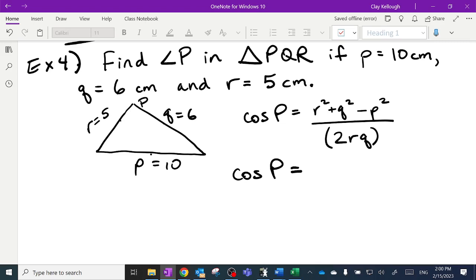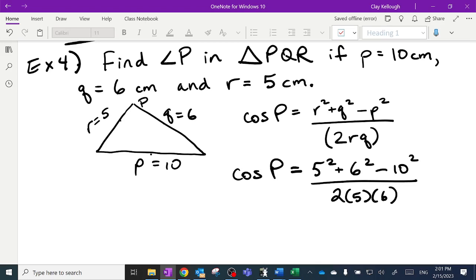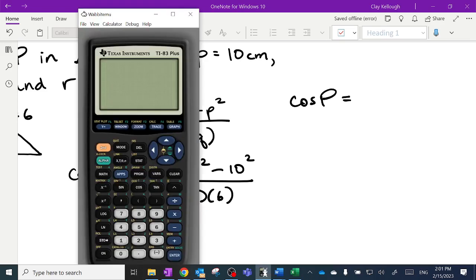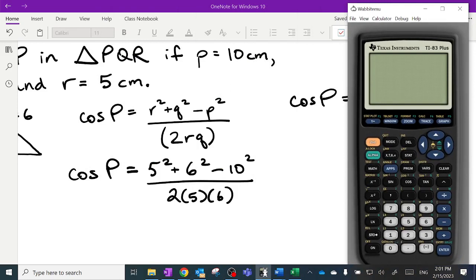Cosine of angle P is 5 squared plus 6 squared minus 10 squared all over 2 times 5 times 6. And cosine of angle P is, let me move that over, turn it on. I don't know why it turns off on me every time I shrink it.